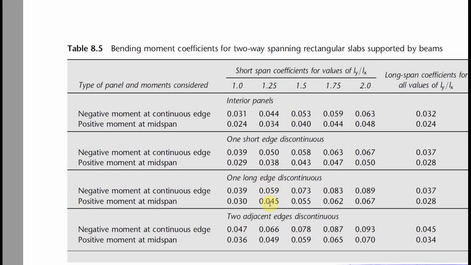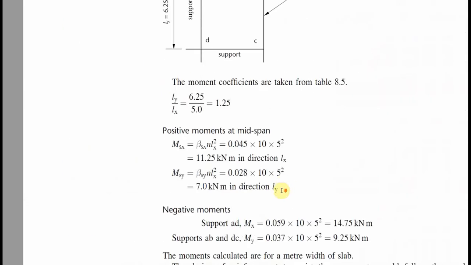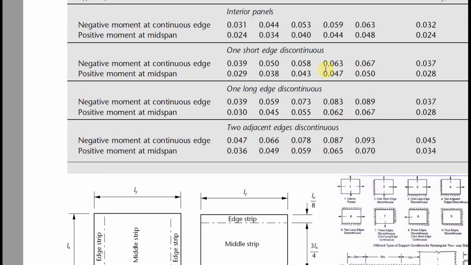We're taking this one for our moment along the S, and this one for the moment along the Y, or for the longer side. So 0.059, 0.045. Let us look at it here. 0.059 is for the S. Then we take this one for the Y, 0.037.